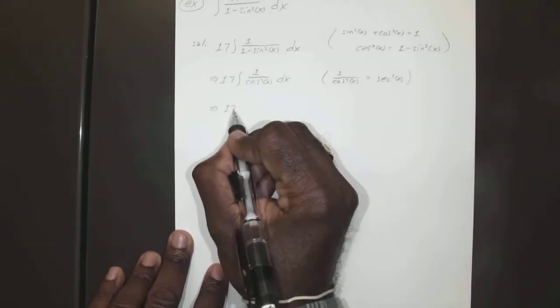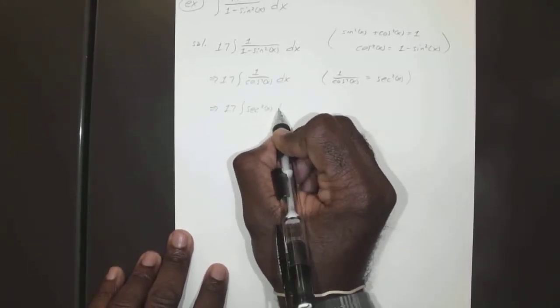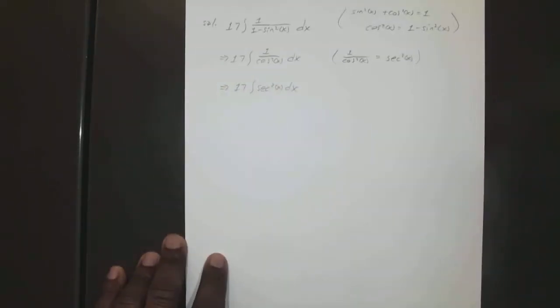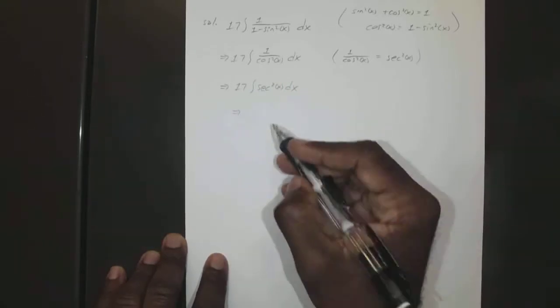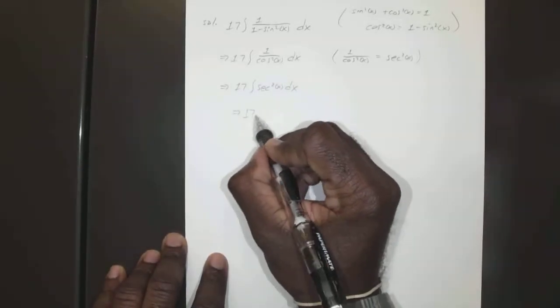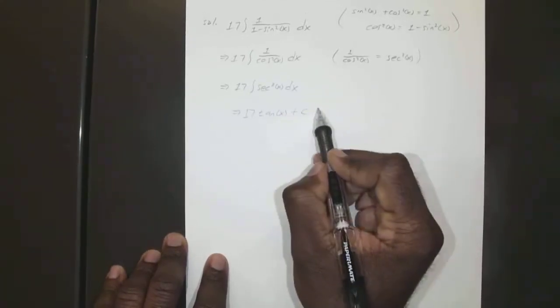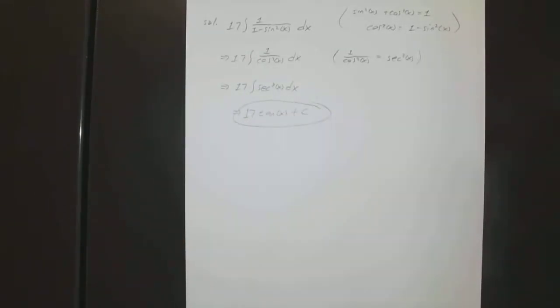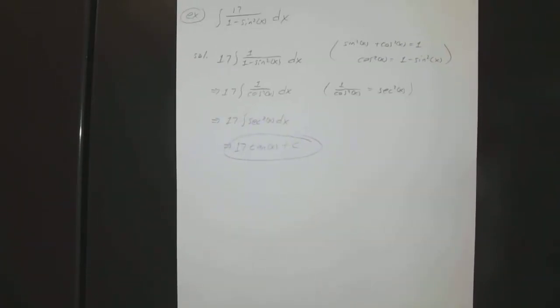So we have 17 times the integral of secant squared of x with respect to x, which is tangent x. So that's 17 times tangent of x plus c. Once again, you have to kind of manipulate it a little bit.